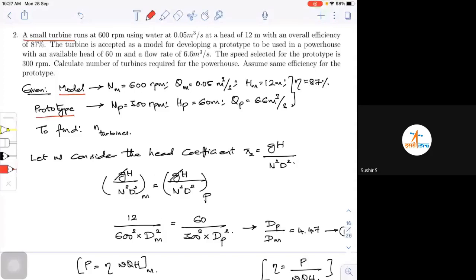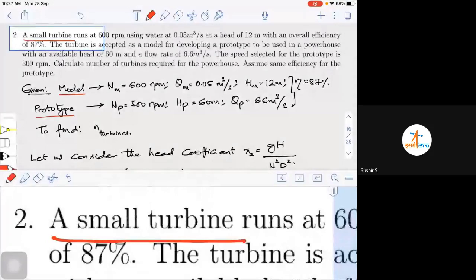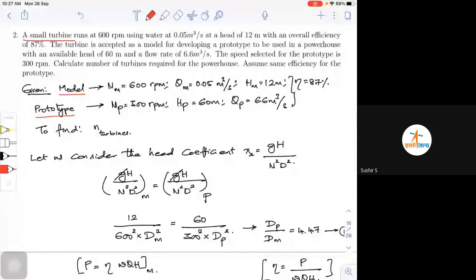N suffix p is 300 RPM, H suffix p is 60 meters, Q suffix p is 6.3 meter cube per second. So this is the data I have. What I'm supposed to find is how many turbines are required for the powerhouse. When I go for a full prototype turbine, how many numbers do I need?